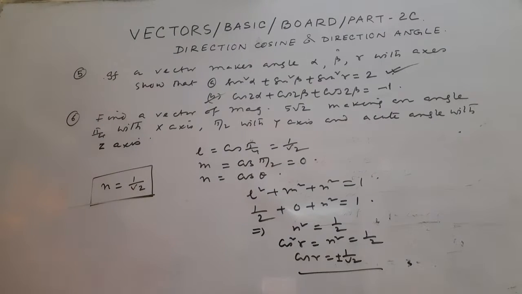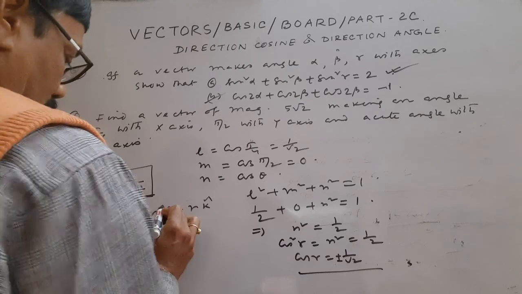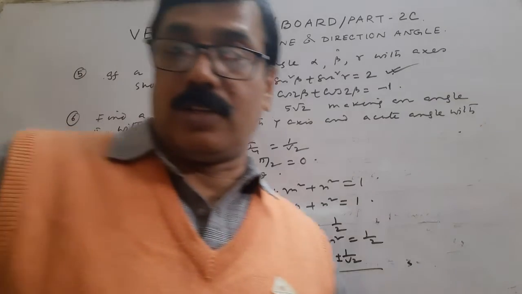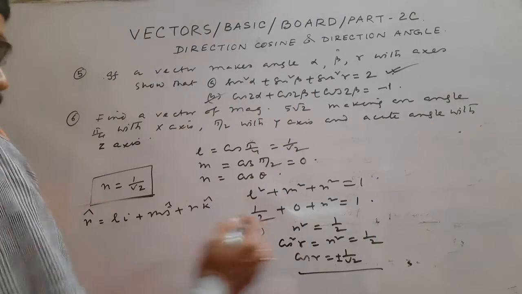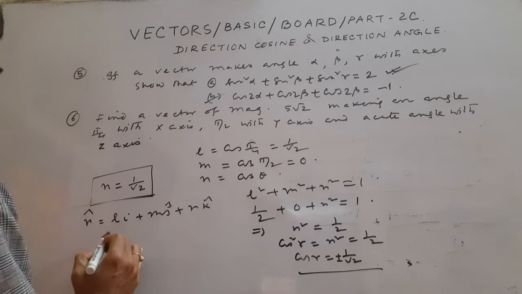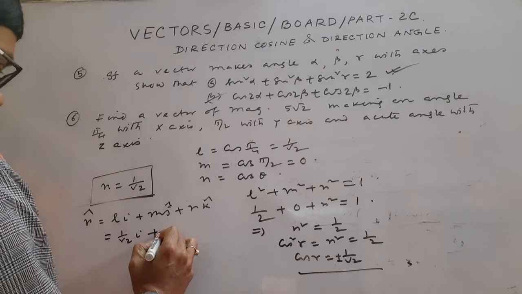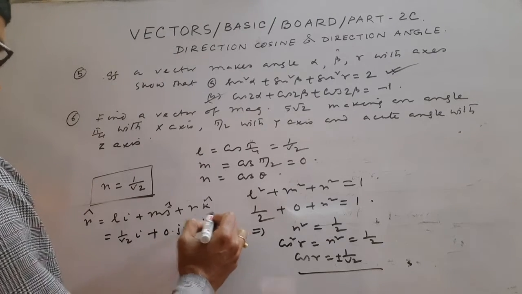So we are getting l, m, n. The unit vector r cap equals l i plus m j plus n k. I have already discussed that if l, m, n are the direction cosines, then the vector represents a unit vector. So r cap is 1 by root 2 into i plus 0 into j plus 1 by root 2 into k.